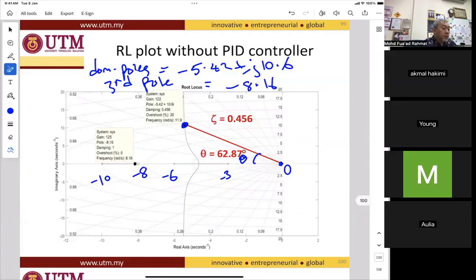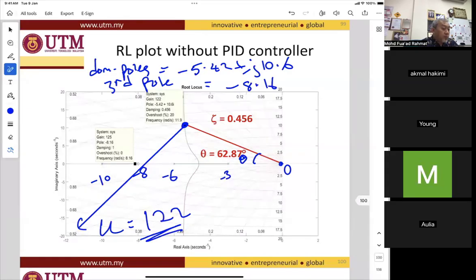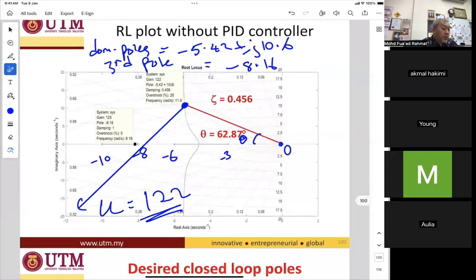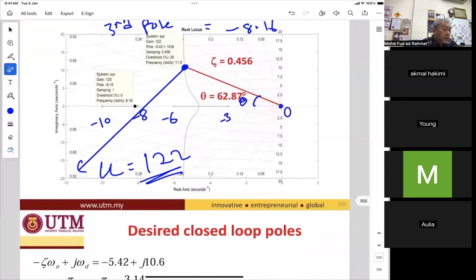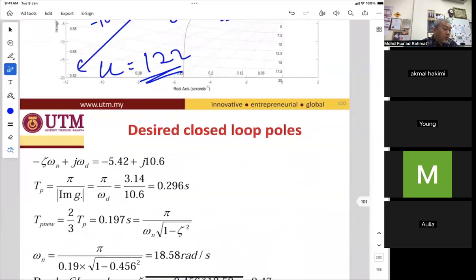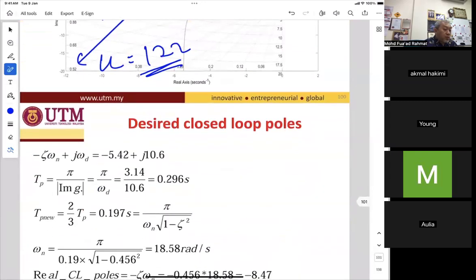Okay. So the K value over here is 122. The K value. Okay. So using the magnitude formula, you will get 122. So this is the dominant pole, guys, as Hakimi said just now.